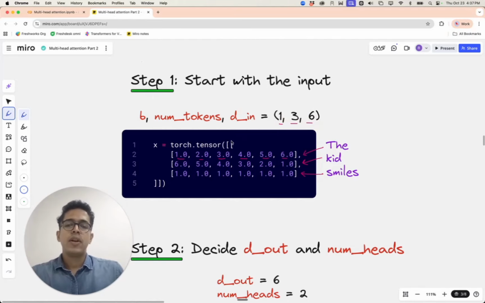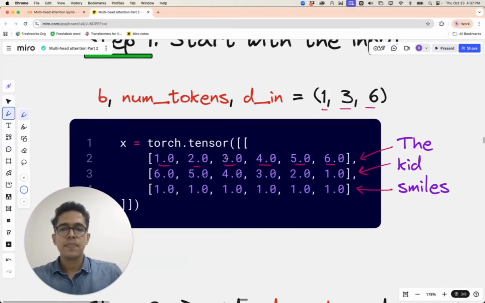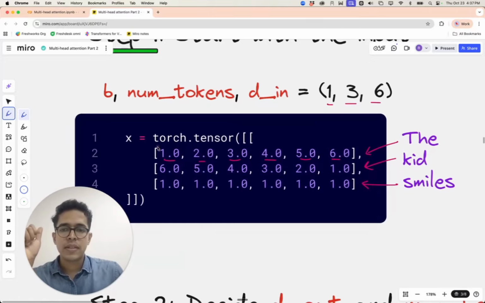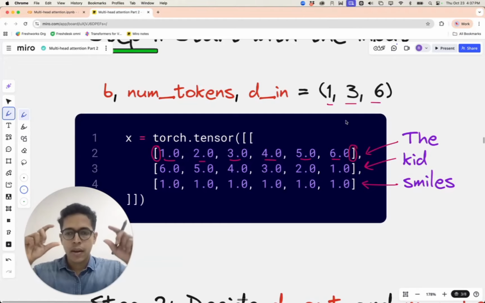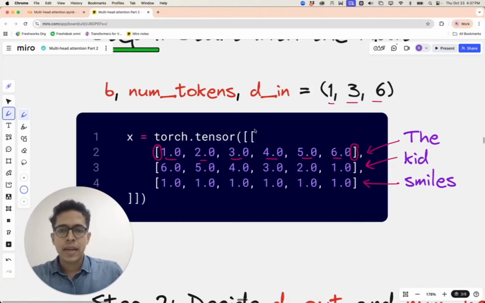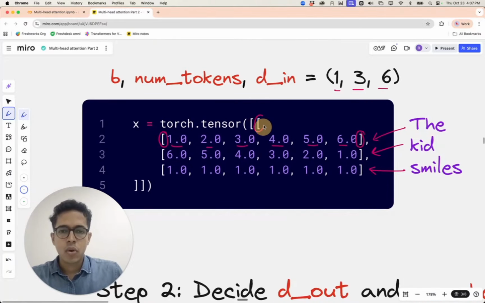Now, one more thing you can notice is the brackets over here. You have 6 dimensions per token. The innermost pair of brackets envelops your 6 dimensions. The pair of brackets just outside, this opening bracket and this closing bracket, corresponds to the fact that you have 3 tokens of each 6 dimensions.